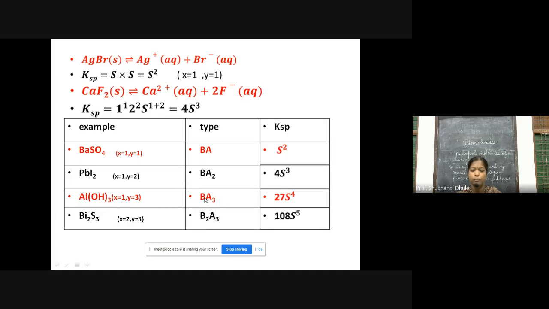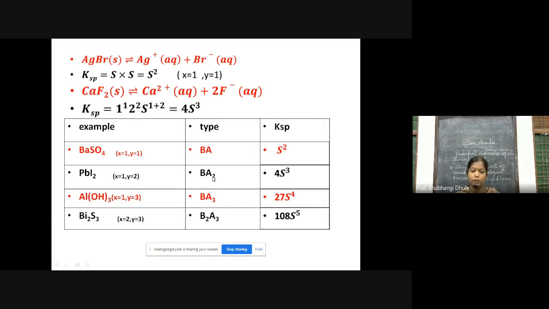If you put the values in the general formula, you get directly 27S raised to the power 4. So this is directly the formula for the Ksp value for the general BA3 type of salt; BA3 means 3 anions and 1 cation. In case of B2A also, if there are 2 cations and 1 anion, then the same formula applies, 4S cubed.